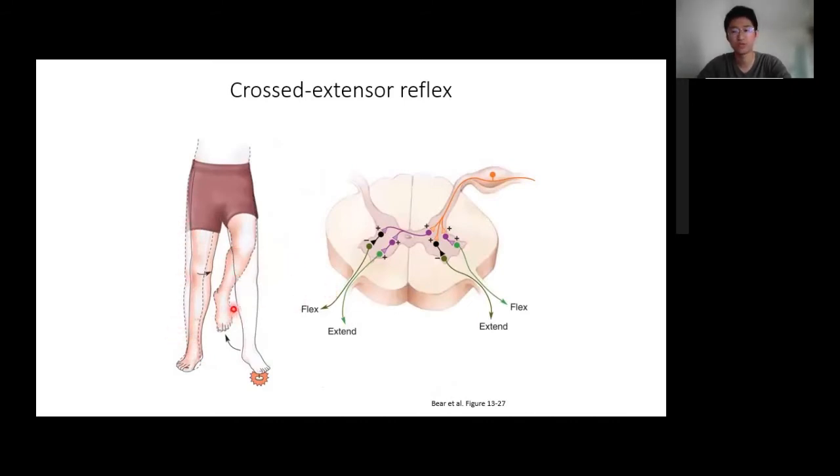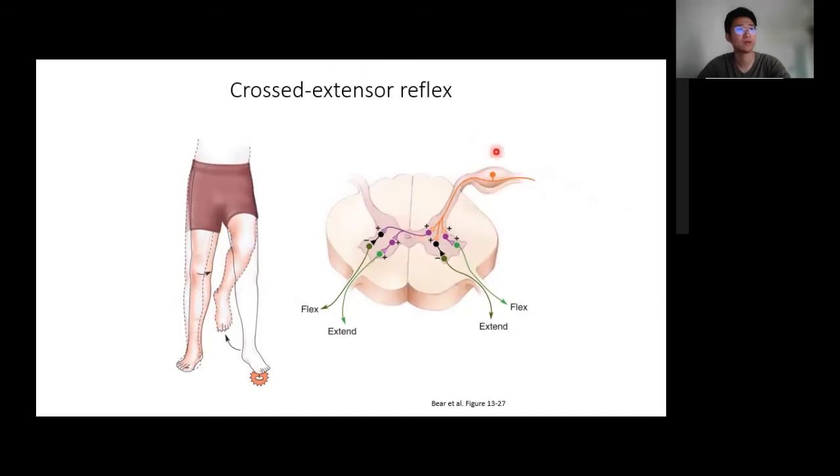So what you do is a flexion movement of this leg, and actually you will do an extension movement of the other leg. How can this be done? This will stabilize your posture. So here is basically what we have talked about. This is the flexor withdrawal reflex, but the pain from the right leg simultaneously goes to the opposite side.